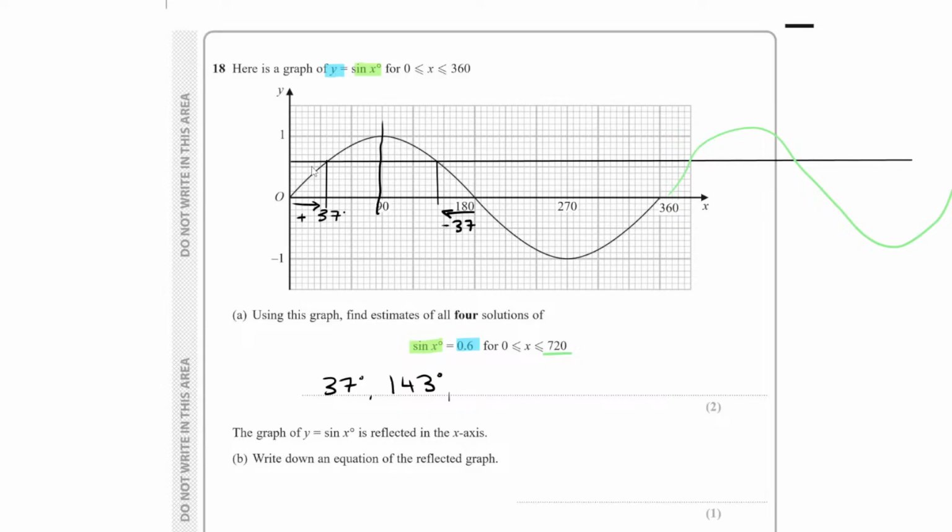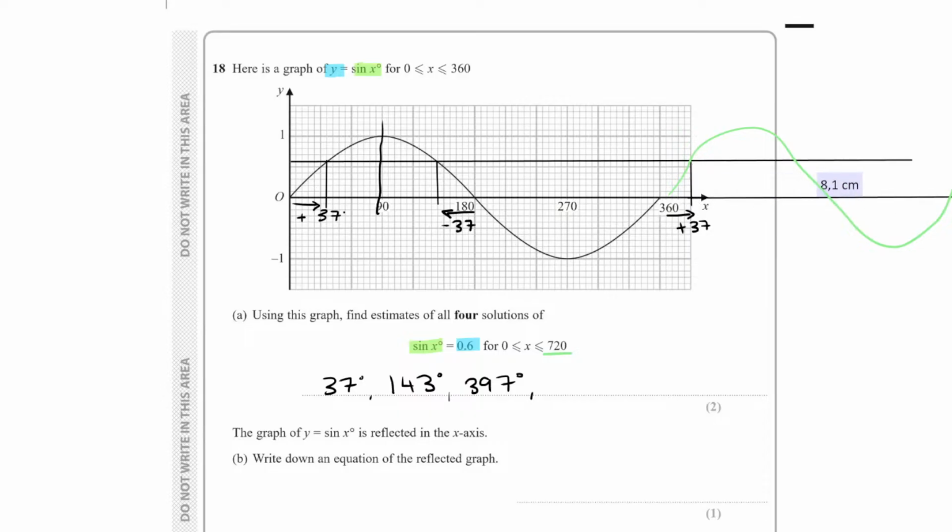So do you see how here it will still be, again, symmetrical, so it'll still be 37, but do you see how the starting point for this one is now 360? So you're going to do 360 plus 37 for the third one. No, that's not accurate, but you kind of get the gist. So that'd be 397. And then the last one, we extend our x-axis.